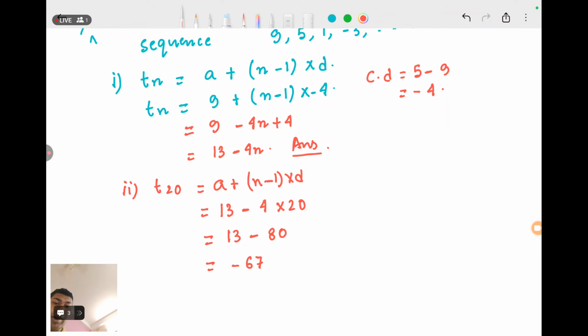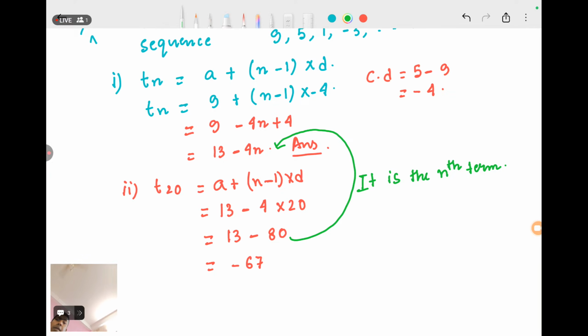Since we have got the nth term as 13 minus 4n, now we have to find the 20th term.